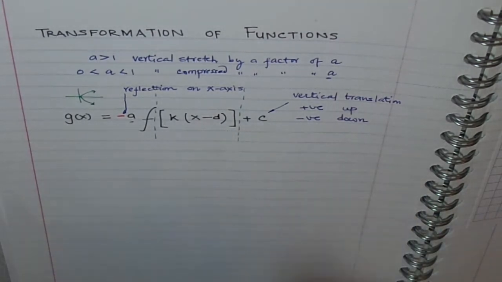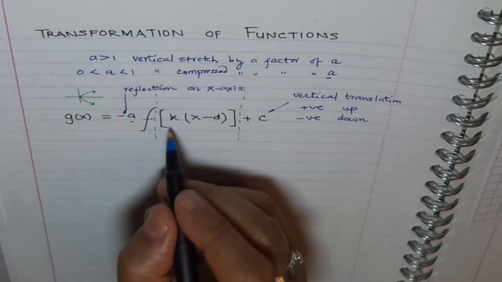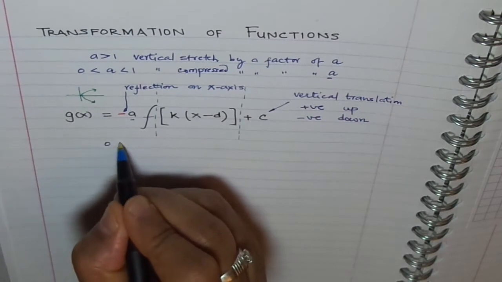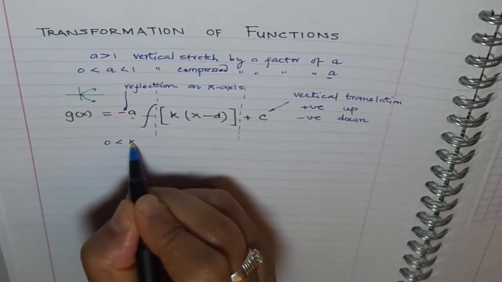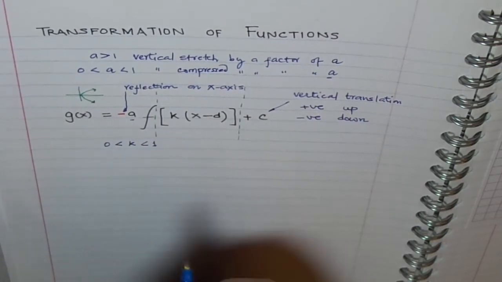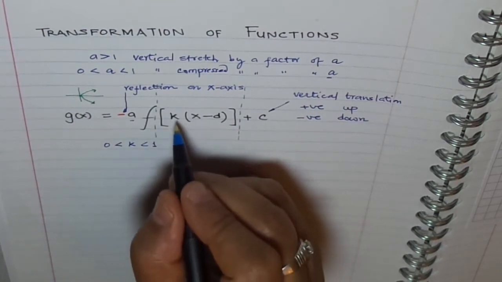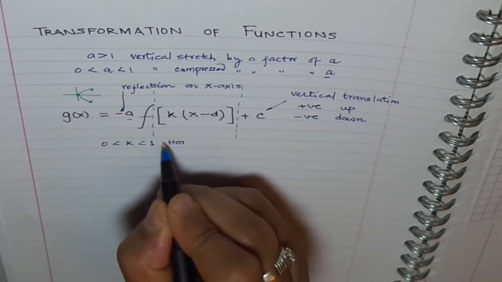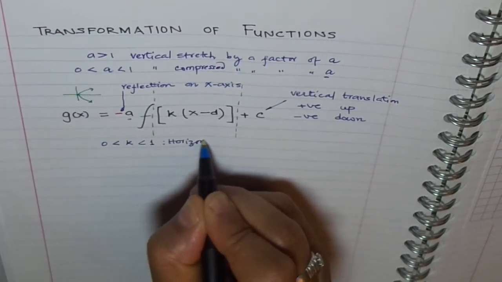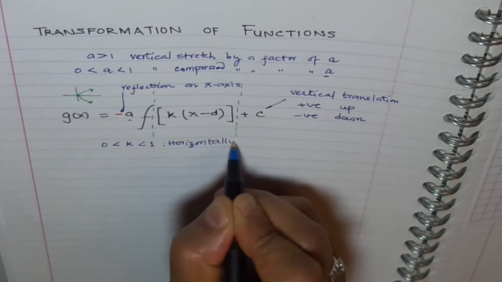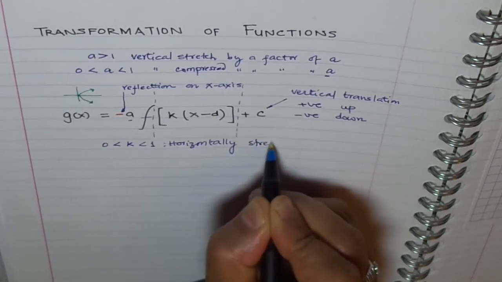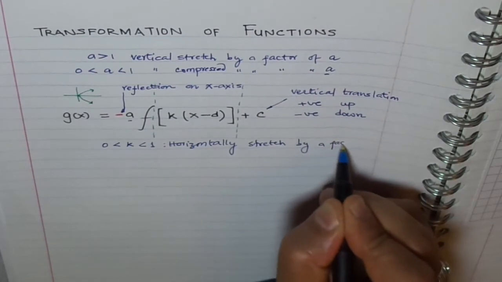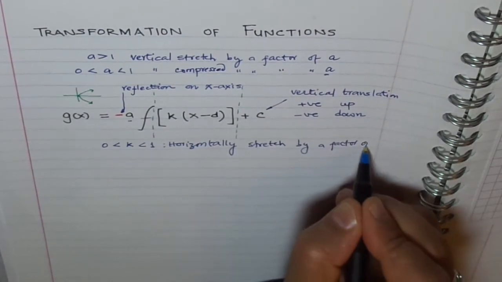Now this value of k, if it is a fraction less than 1, that means k is greater than 0 but less than 1, in that case we say that it is horizontally stretched by a factor of 1 over k.